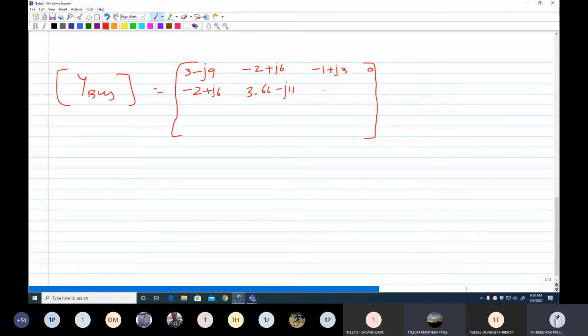Then y23 is minus 0.66 plus 2j. And the last element y24 is minus 1 plus 3j. Next, same.